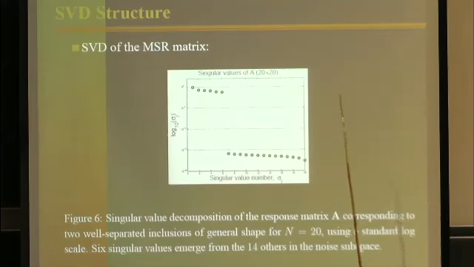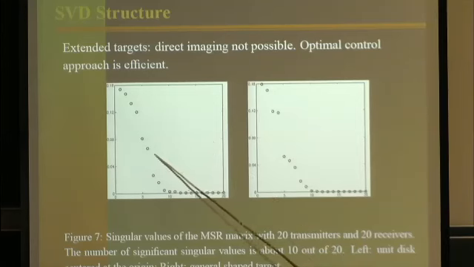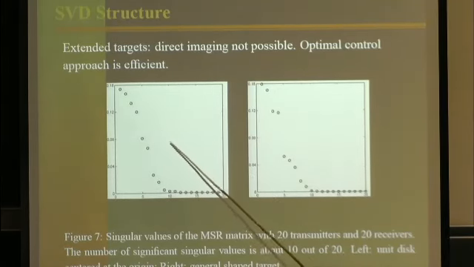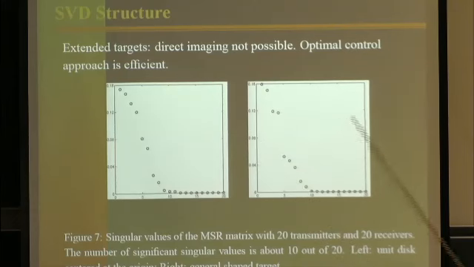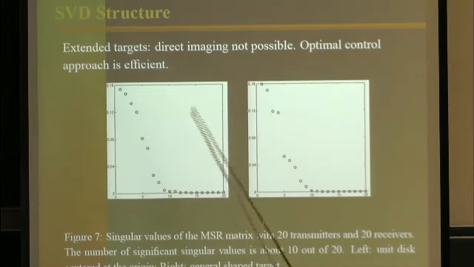That is if the inclusion is small compared to the wavelength. If it's large compared to the wavelength, look at the structure. It's much more complicated. Almost this is one inclusion, and for one inclusion you have 3 if it's smaller than the wavelength. If it's larger than the wavelength, for a 20 by 20 matrix you have almost half the matrix, 10 significant singular values.